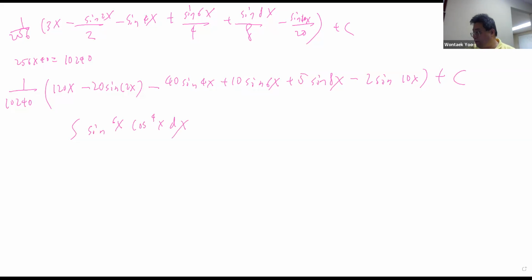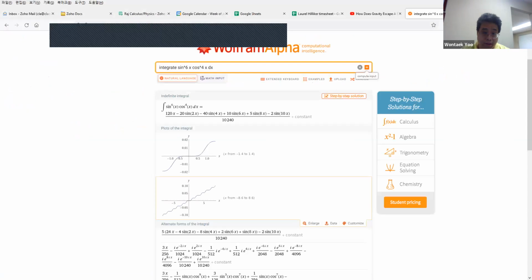Now, let us verify that we did the right thing. One of the ways to verify this is to use a website like Wolfram Alpha. If we go to the Wolfram Alpha site, I already did the problem. You get this, which is exactly identical to what we just got.